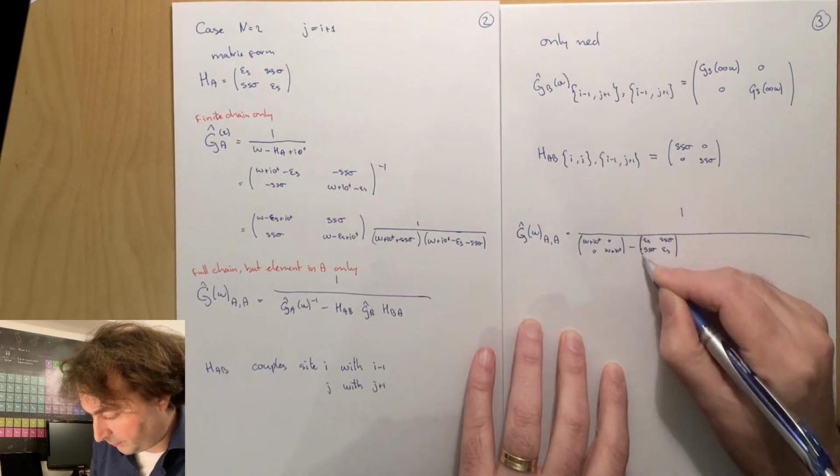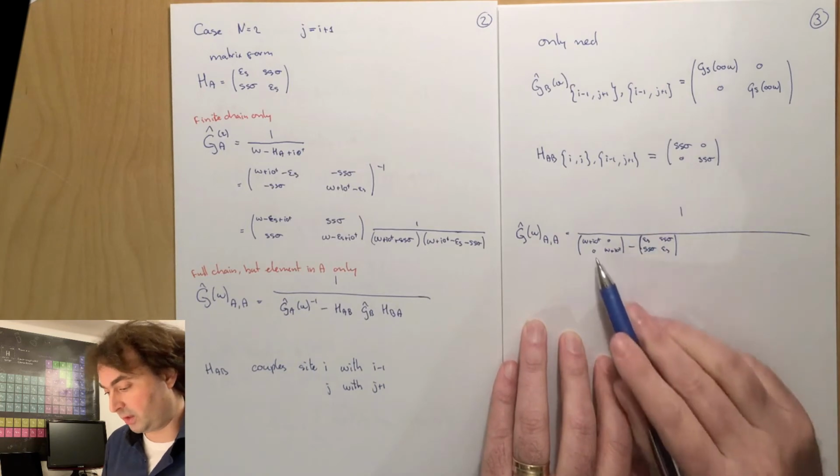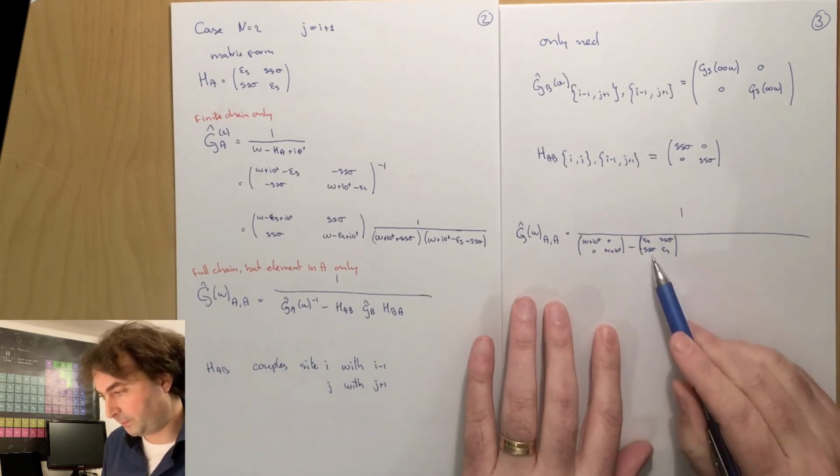So this is the identity times the energy, slightly shifted, such that we know that our poles are in the lower half plane.